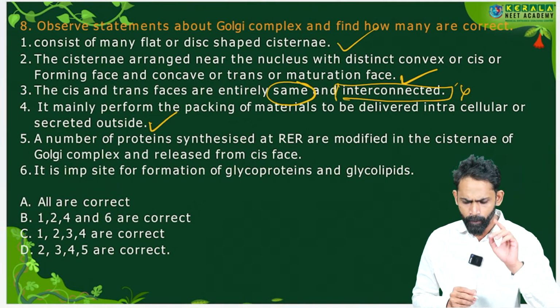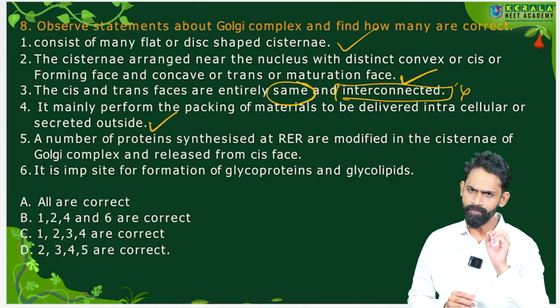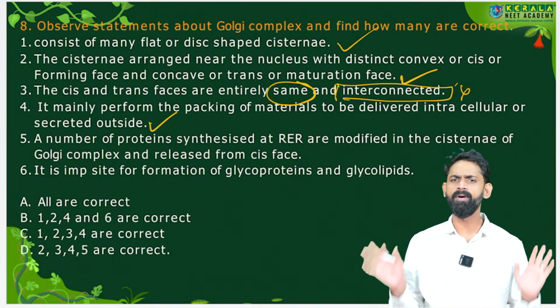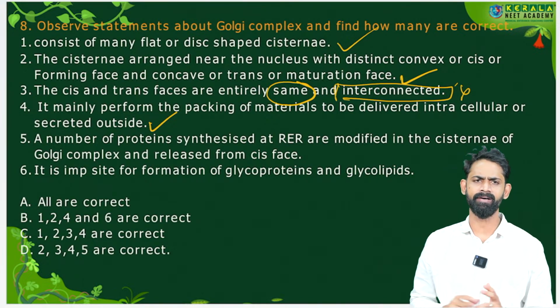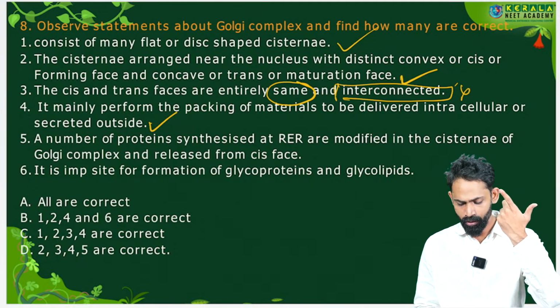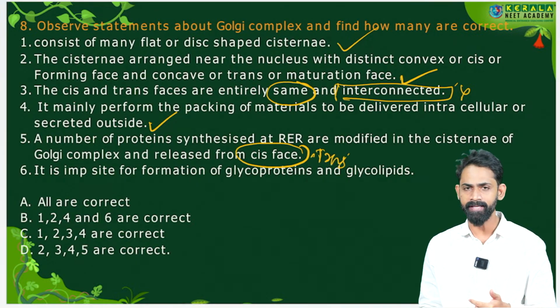The number of proteins synthesized at RER are modified in the cisternae of the Golgi complex. Yes, modified. What is that modification? We will see later. And released out, not from the cis phase, but from the trans phase.